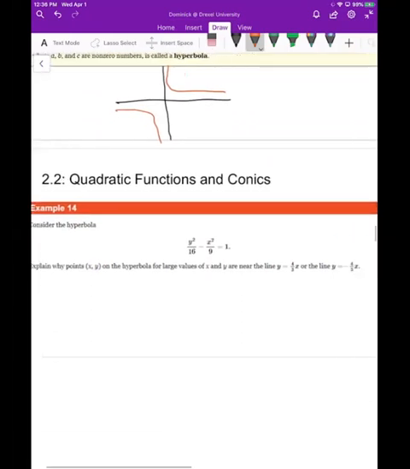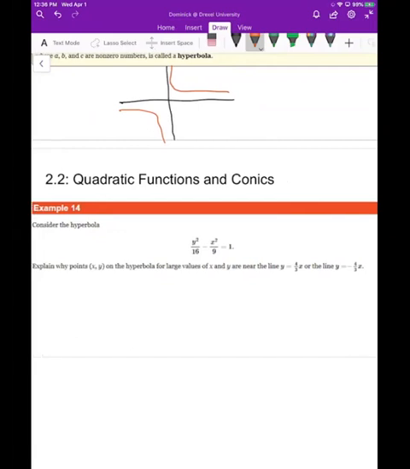Okay, but anyway, in example 14, we want to explain why points (x, y) on the hyperbola y squared over 16 minus x squared over 9 equals 1, for large values of x and y, are near the line y equals 4/3 x or the line y equals negative 4/3 x. So we're going to assume that x and y have very large coordinates.